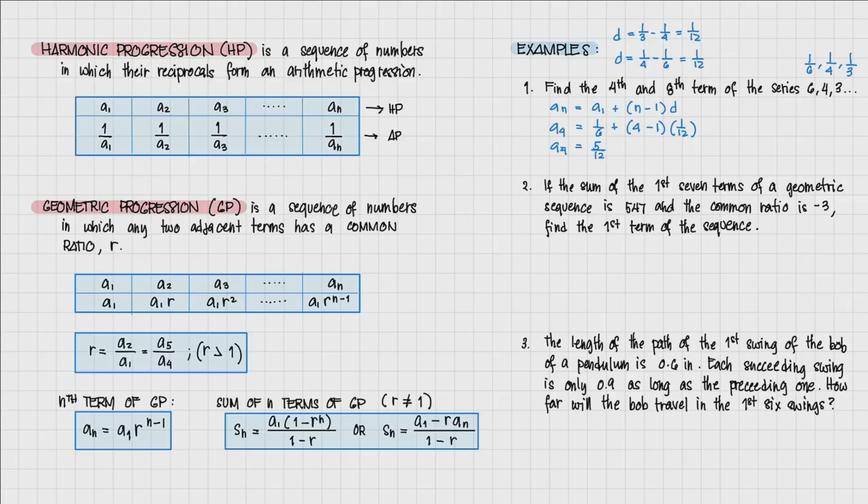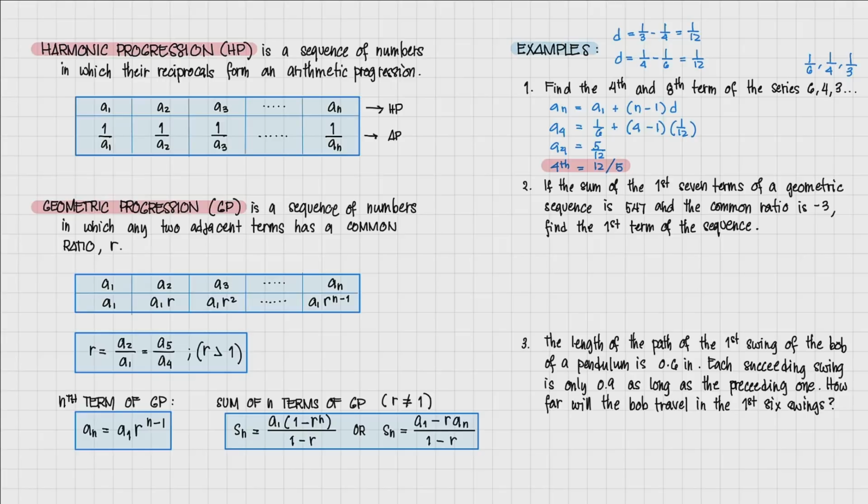But for this problem, since this is a harmonic progression, this is the reciprocal, the arithmetic equivalent of your harmonic progression. So the 4th term is actually the reciprocal, which is 12 over 5. So that's the first part of our problem.